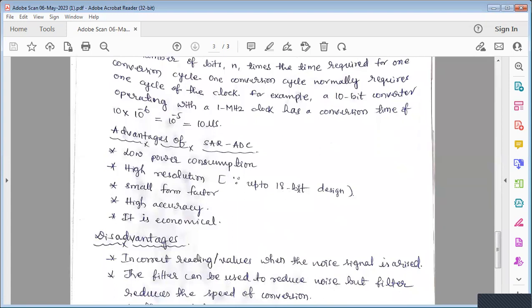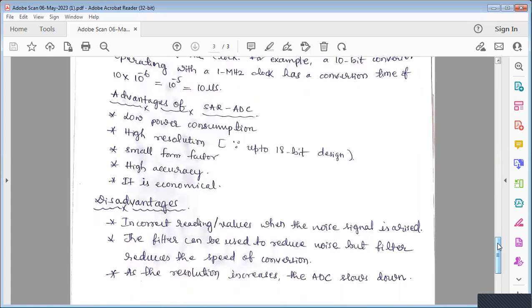As the number of bits increases, the resolution of the circuit increases. So because it can go up to 18-bit, it has high resolution and small form factor.